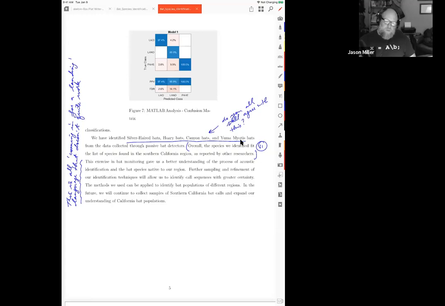And then I've got a comment over here in the margin. As I read these last sentences, I say, this is all, quote, coming in for a landing, unquote, language that doesn't quite work.